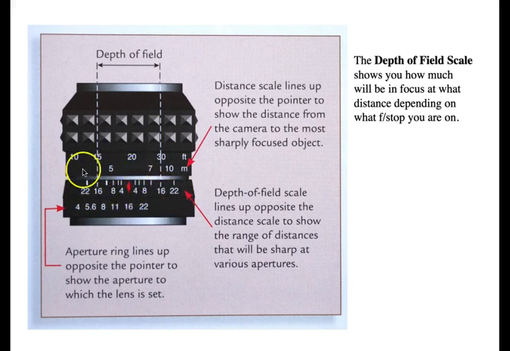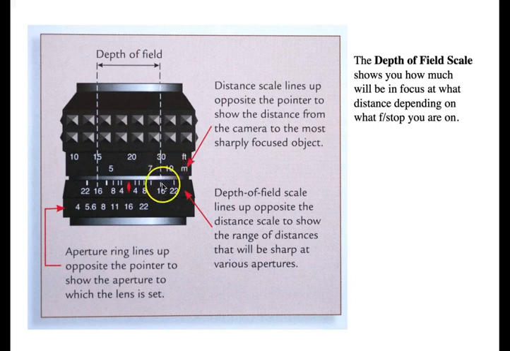And then we see a distance scale, just like you would when you're measuring. So this depth of field scale measures out from the smallest f-stop to the largest f-stop on either side. And then as you change your focus, your actual focus ring on the end of the lens, this distance scale is going to move as well.